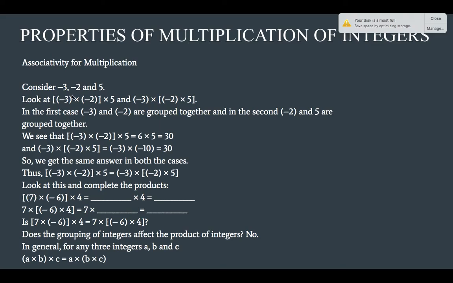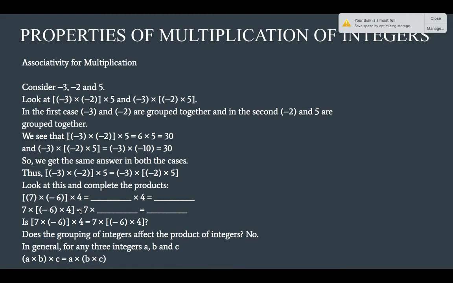Okay, so we have this example over here. We see that minus 3 into minus 2 is plus 6 into 5 is 30. And if we check it like this, minus 2 into minus 5 is negative 10, and negative 10 into negative 3 is plus 30. You can take more examples for this.